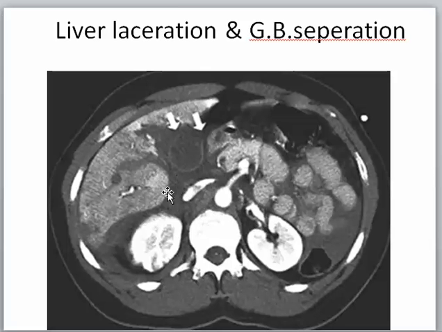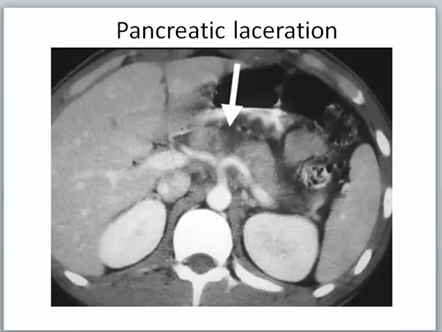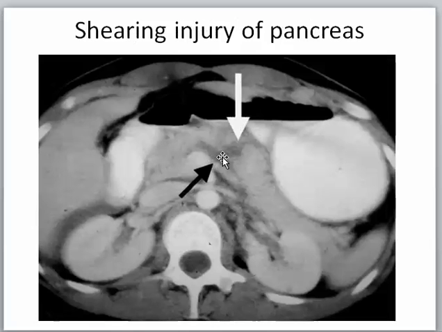This is an extreme post-trauma advanced condition. And the pancreas could be lacerated also, or completely shattered, or shearing injury due to shearing against the vertebra.